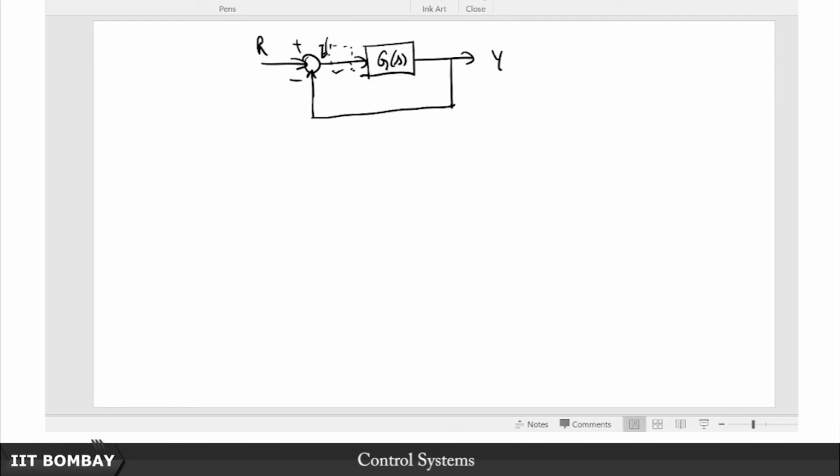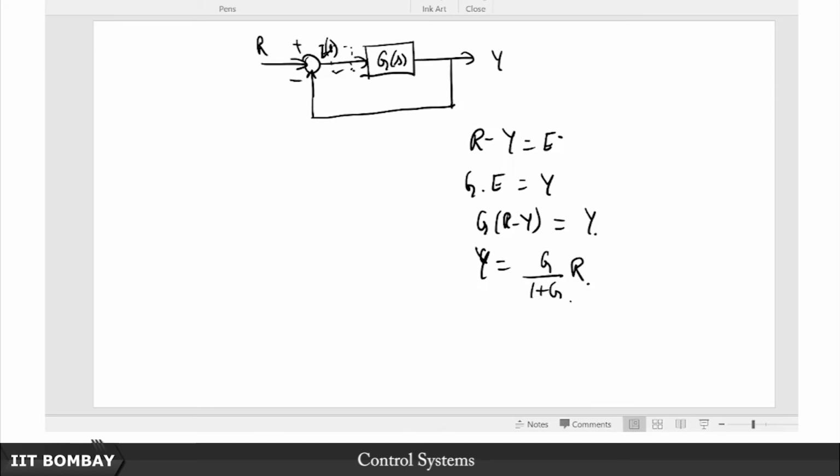If we call this variable Es, we have seen that r minus y is equal to e, and g of e is equal to y. So g of r minus y is equal to y, from where we have seen that y is equal to g by 1 plus g times r.